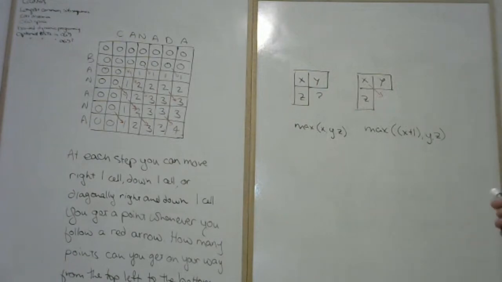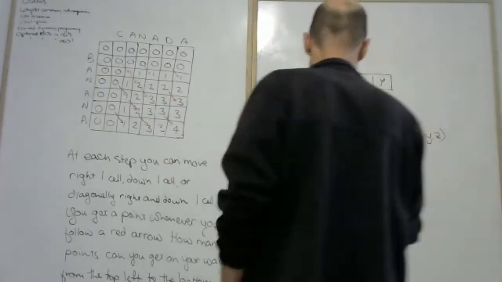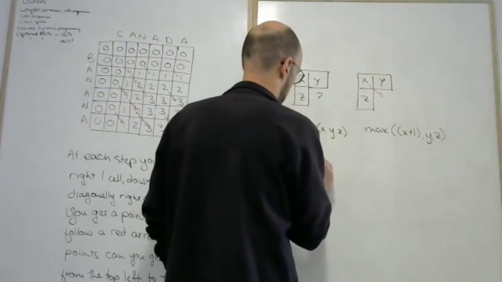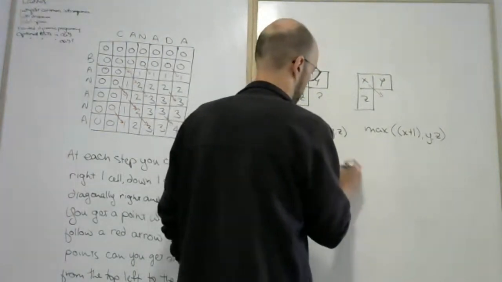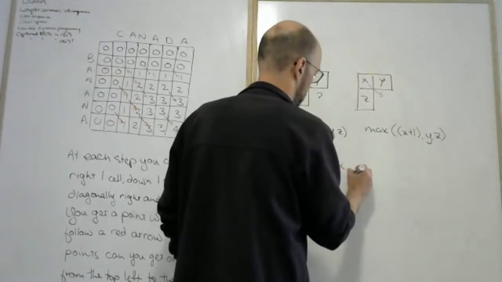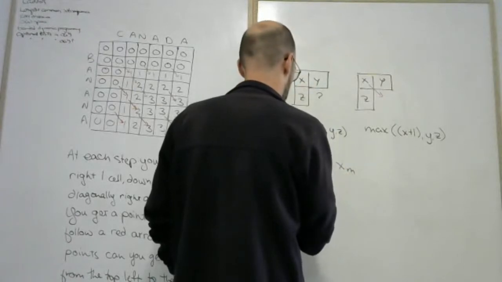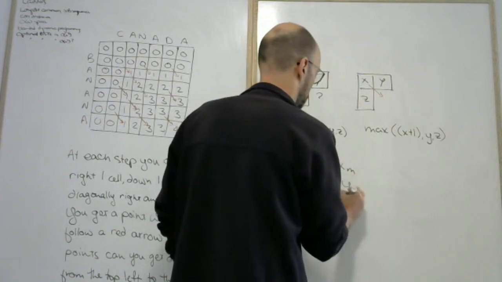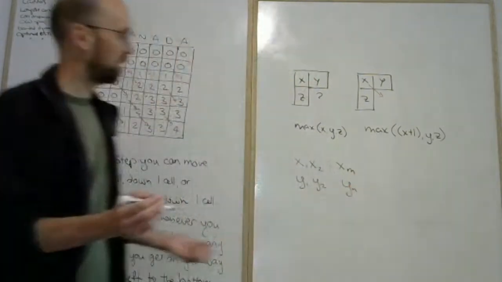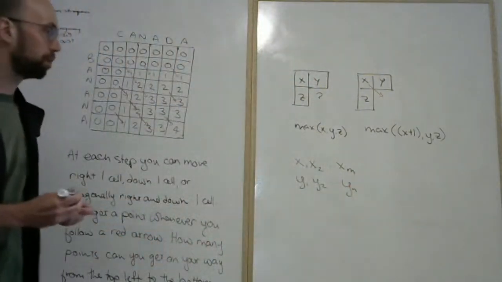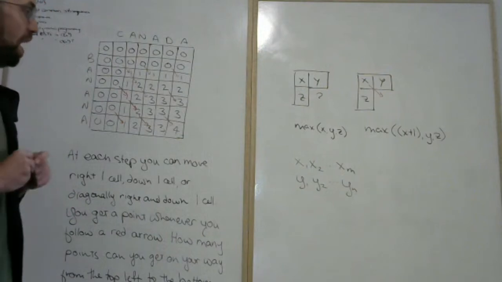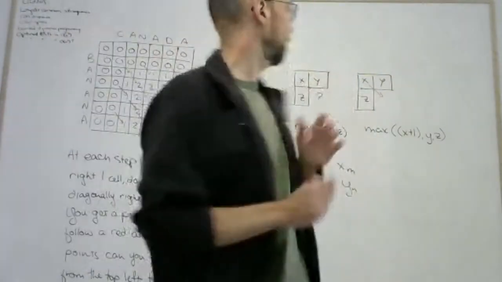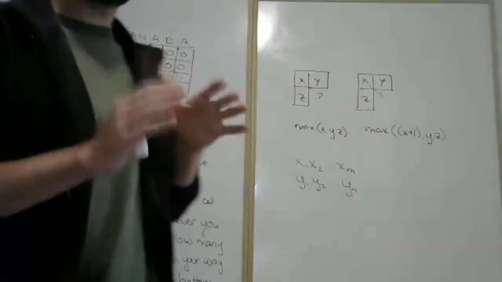Why? Well, let's suppose we have some string, and it's x1, x2, through xm, and we have some string y1, y2, through yn, it can be a different length. And we want to look at the longest, did I say substring? I mean subsequence.